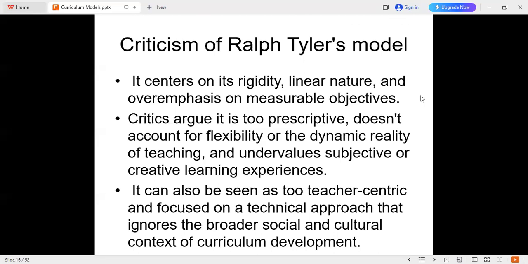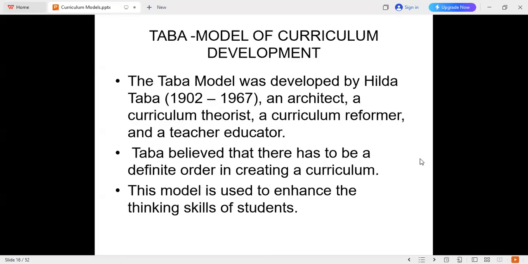Some of the criticism at the beginning will be a little difficult for us to understand, but when we compare with other curriculum models, we can understand the weakness of each and every curriculum model.